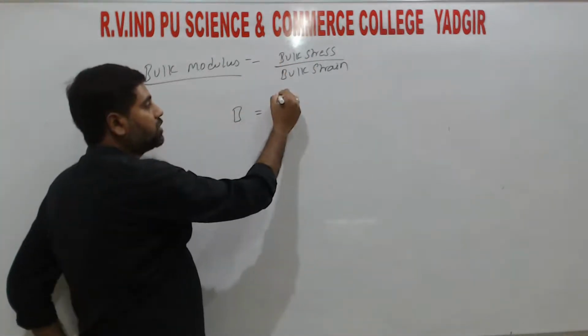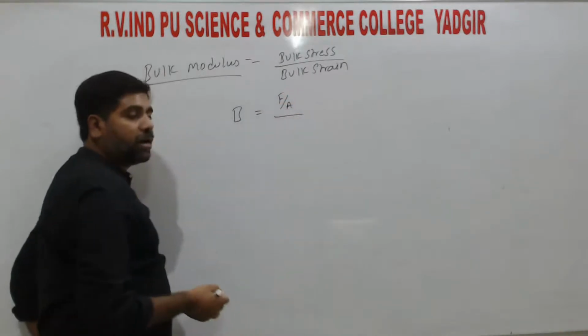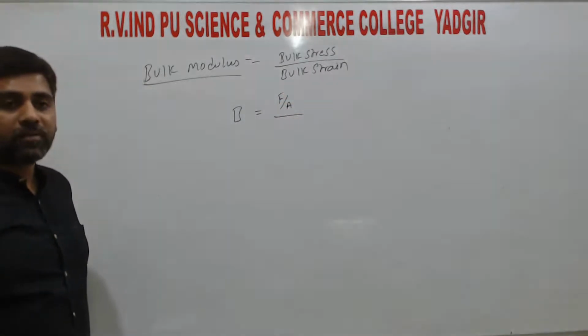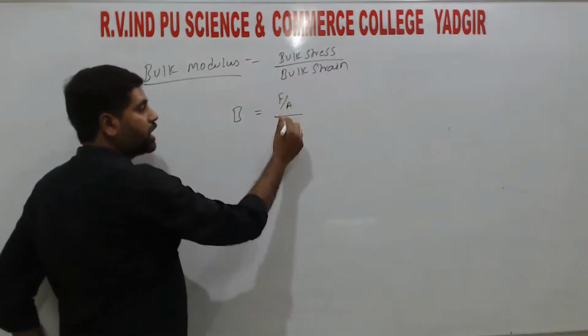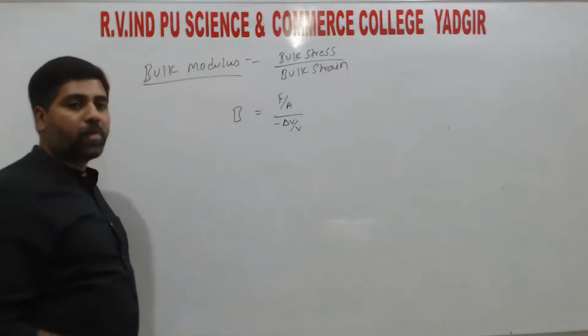So bulk stress is again force per unit area, divided by strain. Since the force acts on the total surface area, strain is delta V divided by V. Here delta V is minus. Why?